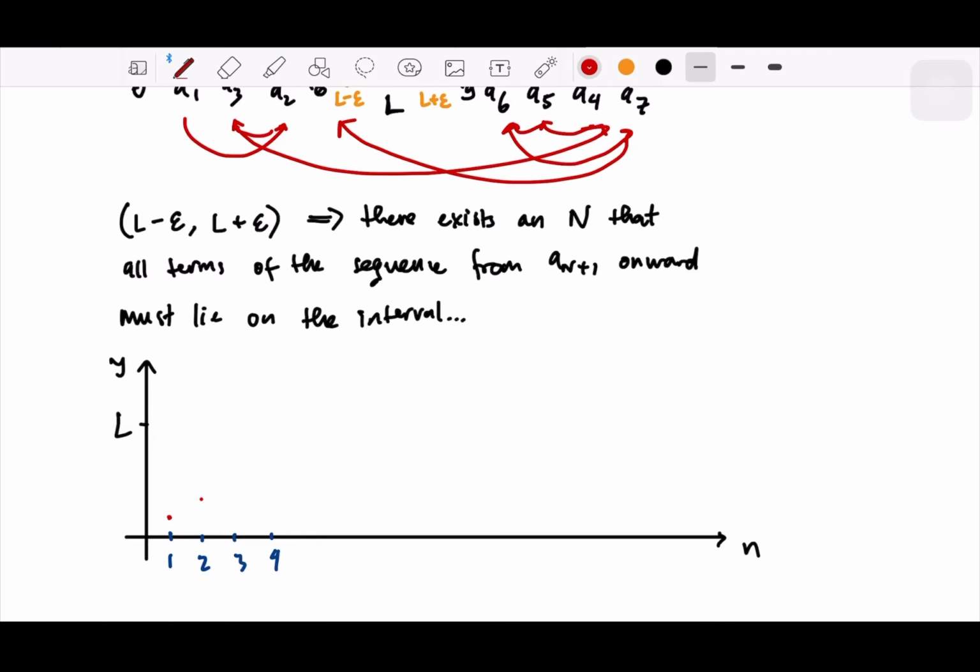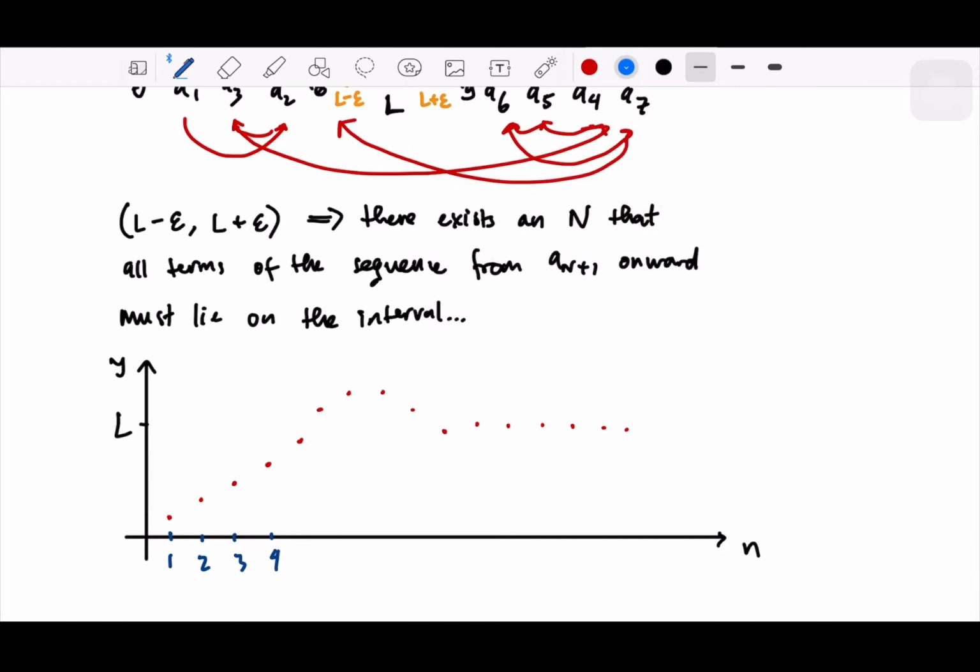Maybe the first one, second, third, I think until here. And then it will be getting the same value at the end.